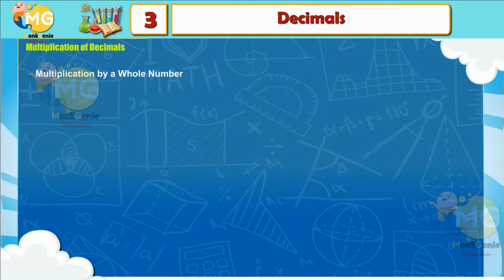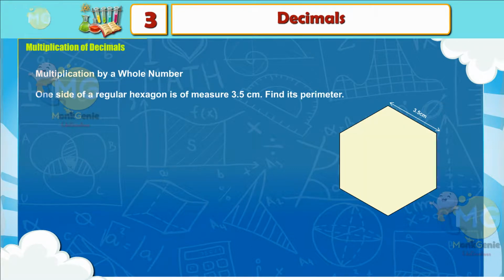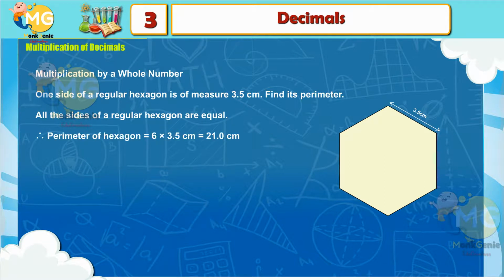Multiplication by a whole number. One side of a regular hexagon is of measure 3.5 cm. Find its perimeter. All the sides of a regular hexagon are equal. Therefore, perimeter of hexagon is equal to 6 multiplied by 3.5 cm is equal to 21.0 cm.